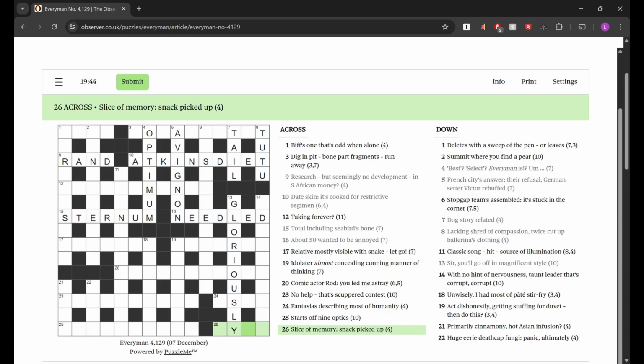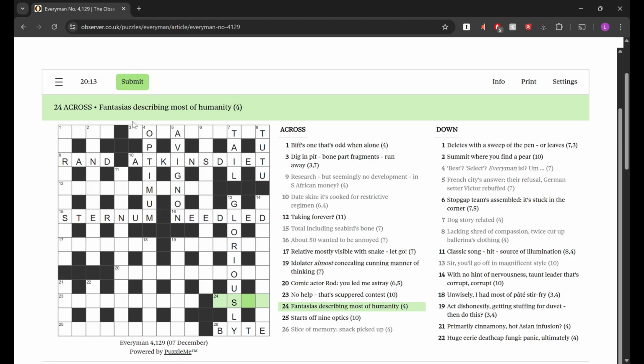Snack. Oh, picked up is a homophone indicator. So if you pick up something, you hear it. Like a snack, you say have a snack, go for a bite. Bite spelled B-I-T-E. And if you pick that up, homophone, you get byte, which is, as I was saying, a slice of memory in terms of computing.